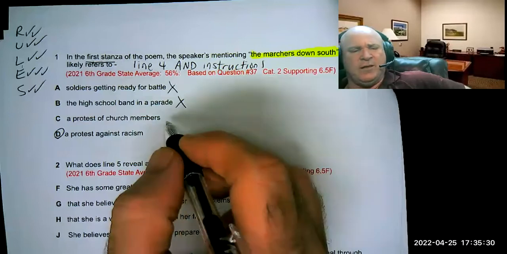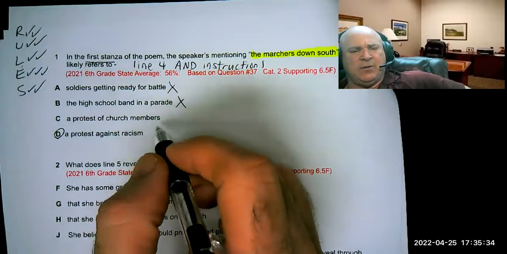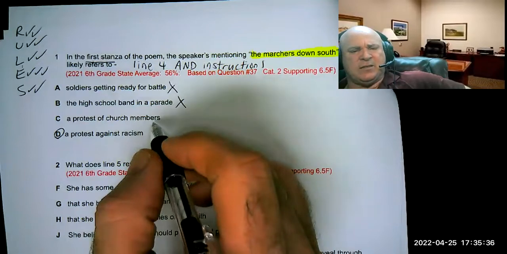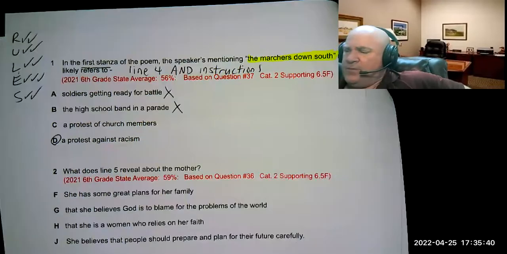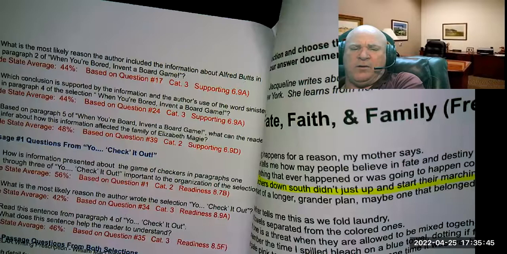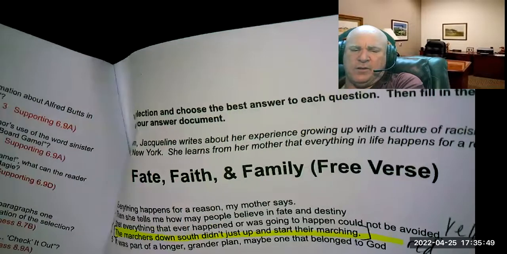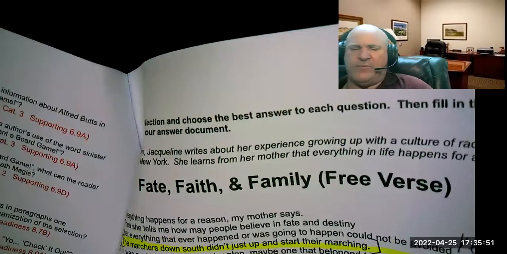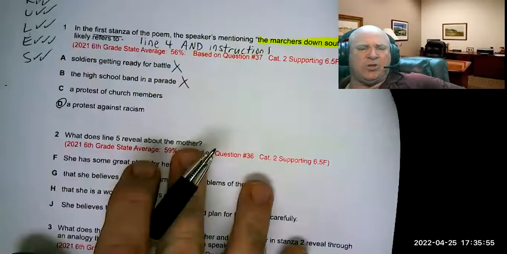So the only real one that you can infer, because it doesn't say anything about church members, the title does say faith, and family, a poem written in free verse. Okay, so it's got 3 topics, but it never refers to angry church members here.